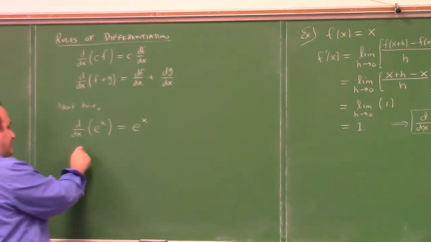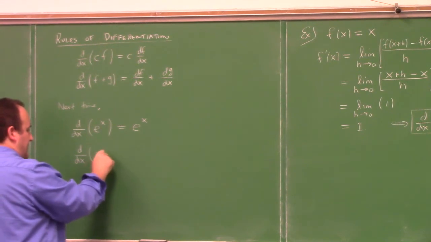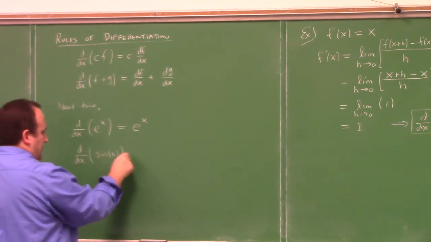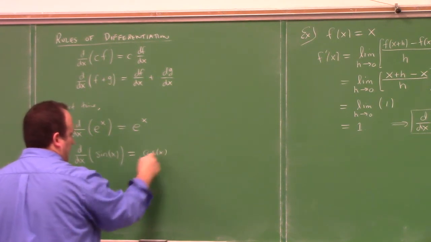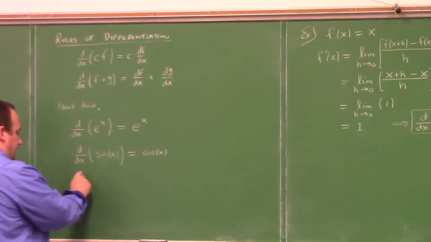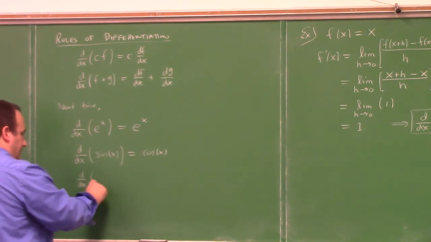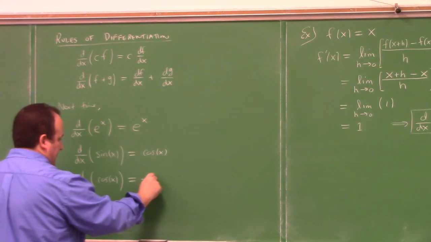I was hoping to talk about this today, but things went sideways here. It's okay, we'll get to it Wednesday. The derivative of sine x is cosine x, and the derivative of cosine of x is actually minus sine of x.